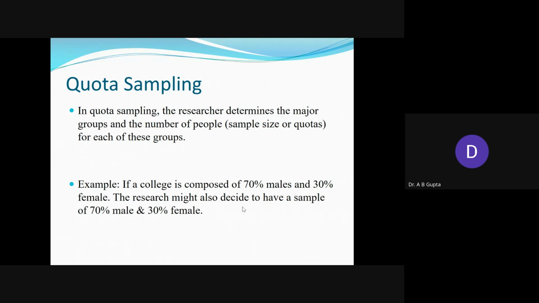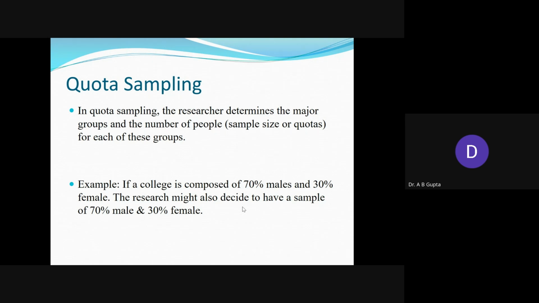And I want to have a sample out of the 100. I want a sample of 10, because it will be difficult to get information from all the 100. So I have a sample of only 10. Now, in the entire college, out of 100 people, 70 are male, 30 are female.